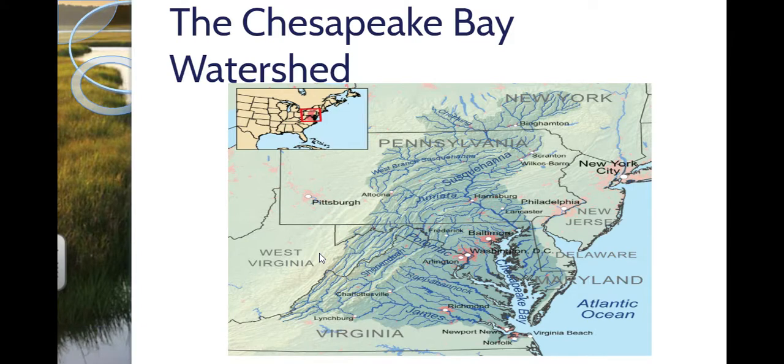So, Virginia, 1. West Virginia, 2. Pennsylvania, 3. Maryland, 4. Delaware, 5. New York, 6. Six states this one watershed is connected to. Always remember that.